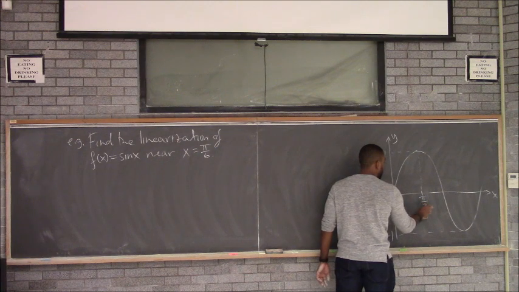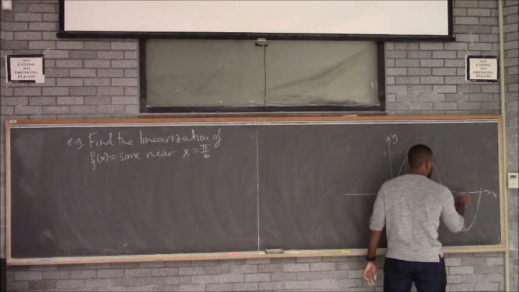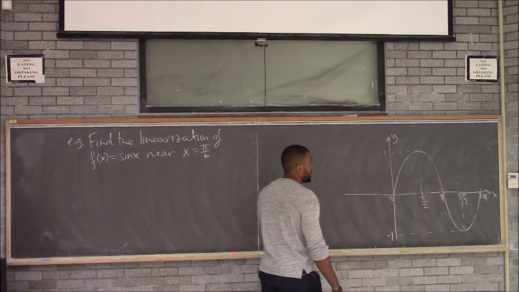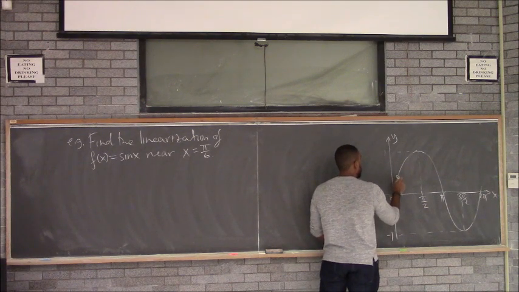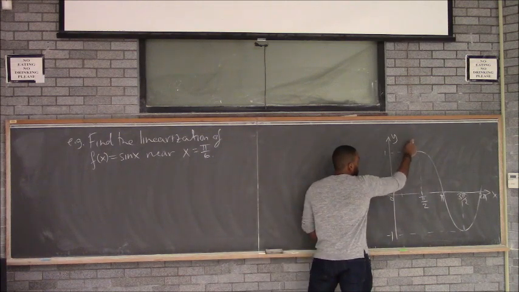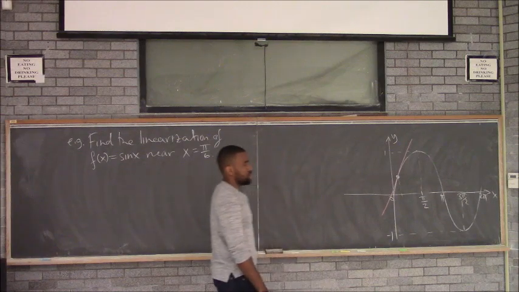Pi over 2. That's going to be pi, 3 pi over 2, and 2 pi. Pi over 6 actually happens before pi over 2. So there's some point here that I care about. What I want is to find a line that is going to approximate the curve at that point, is the other way that you want to think about it.